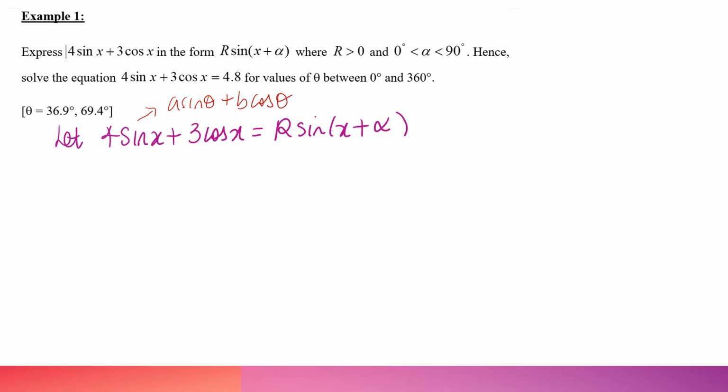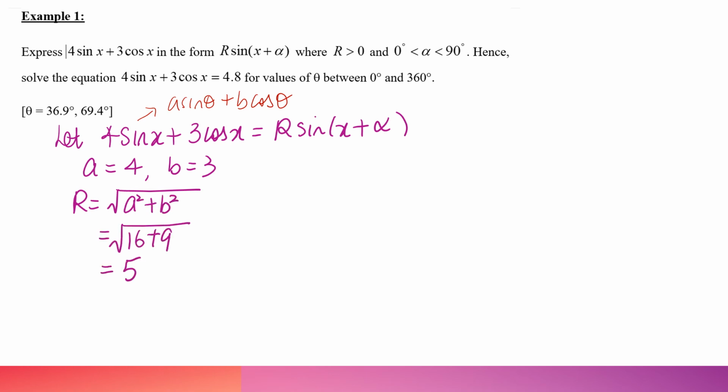From there, you can write down the values for a and b, which come out to be a equals 4 and b equals 3. Right, so what is the formula that we have derived earlier on to find the value of r? Yes, it's equal to the square root of a squared plus b squared, and you plug in the values for a and b, and you get r equals 5.